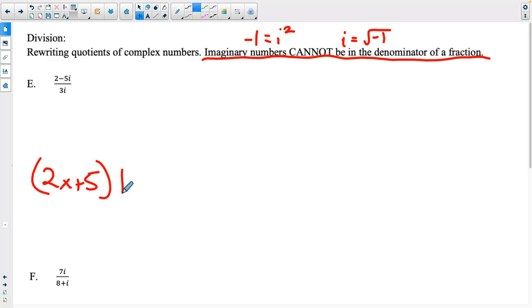No. So what we're going to do is multiply E by 1, but we're also going to multiply by i. So let's watch the magic happen. So I multiply and I times this by i, but you give me some knowledge here. If I'm dividing by i, what could I put on top here so that it would be 1?